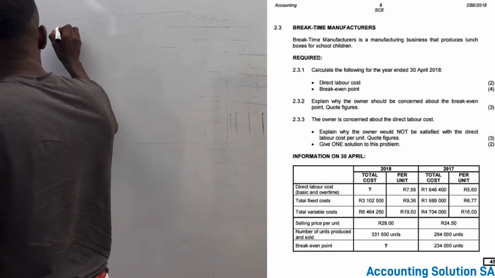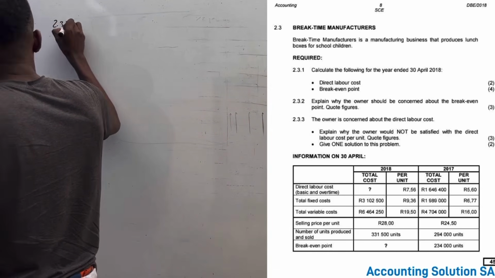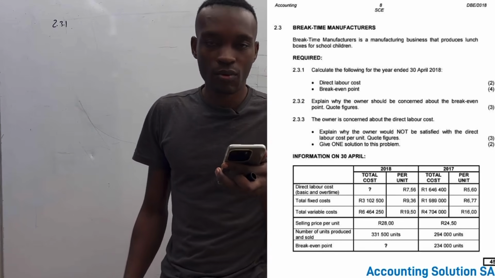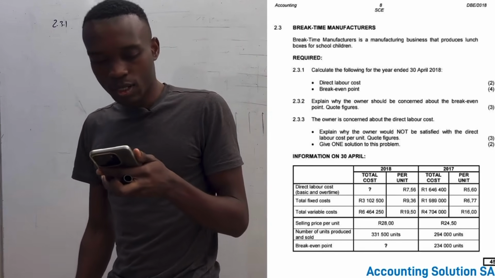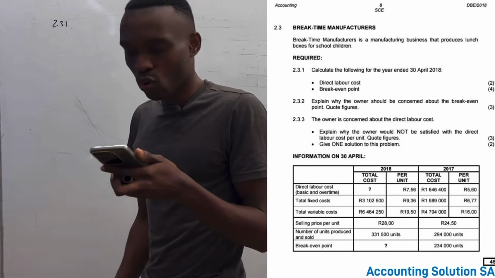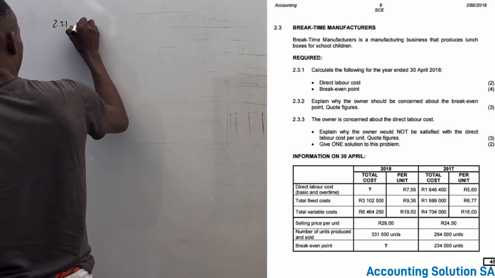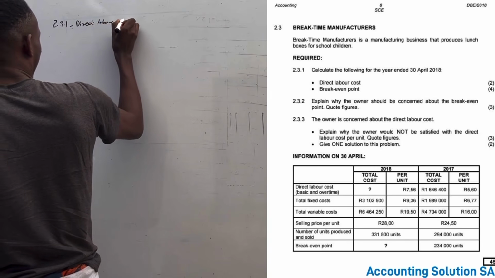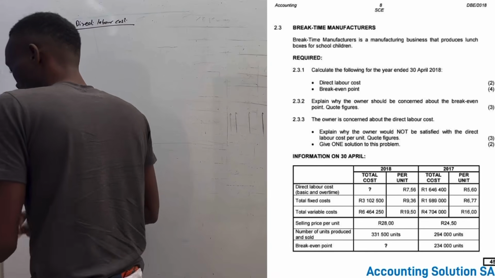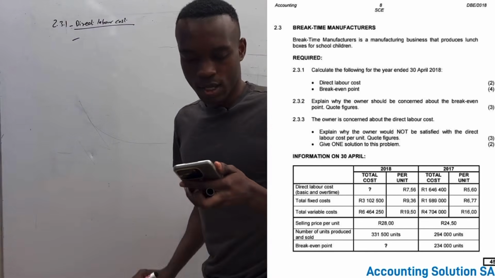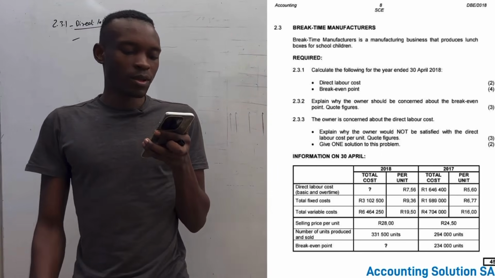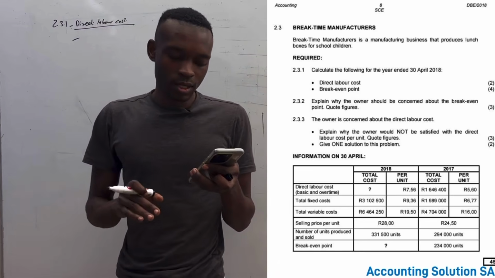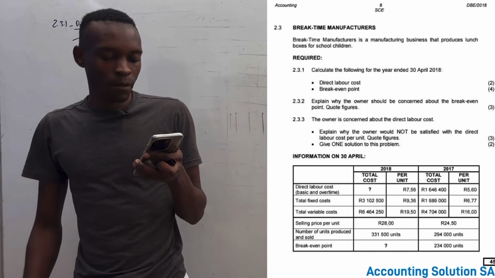Okay, let's start with 2.3.1. They said calculate the following for the year end 30 April 2018. Okay, number 1, they said we have to calculate direct labor cost. Okay, we're gonna start with direct labor cost. Number 1, let's take the information on 30 April. As you can see, under a total cost of direct labor, they didn't give us anything, but we know cost per unit.